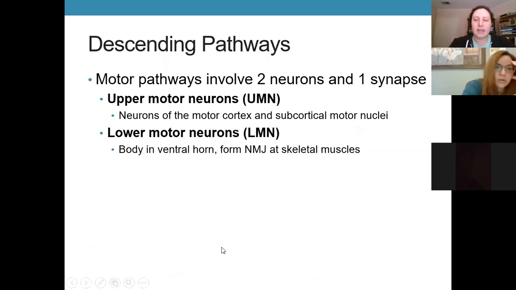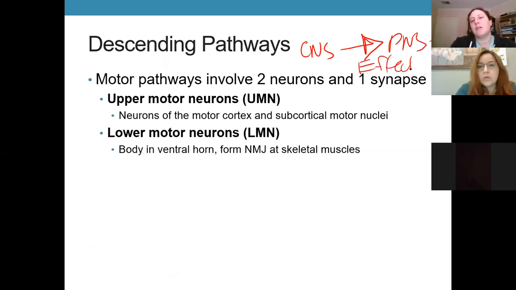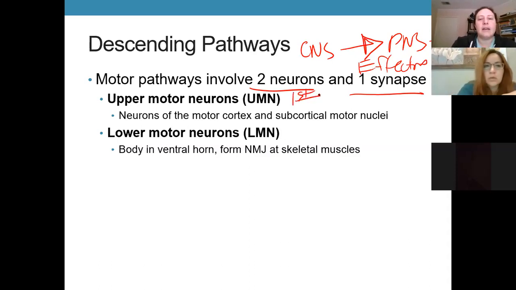So we talk about the descending pathways. Now we're sending information from the central nervous system back out through the peripheral nervous system to our effectors. It's a kind of a shorter pathway here. So when we talk about our basic motor pathways, we have a 2-neuron, 1 synapse setup. So the upper motor neuron is the first guy, and it's going to be located somewhere in the brain.